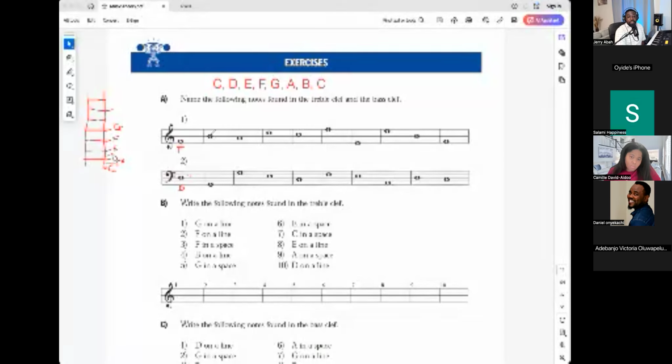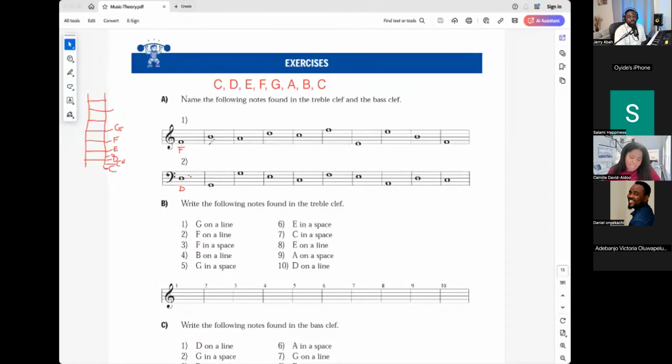What is the third line on the treble clef? It's a B. Every good boy. Okay? Every good boy.